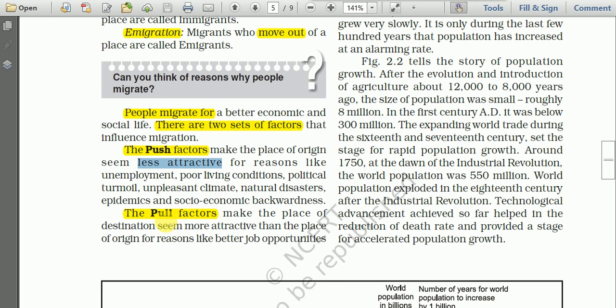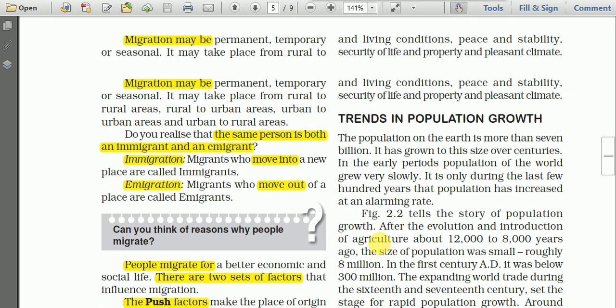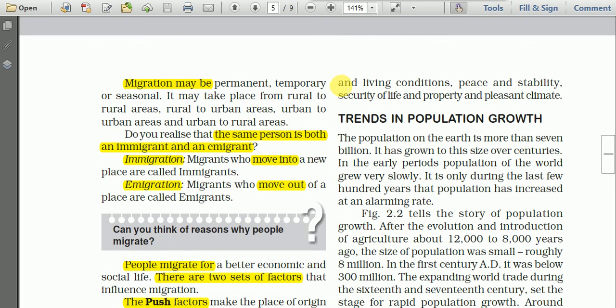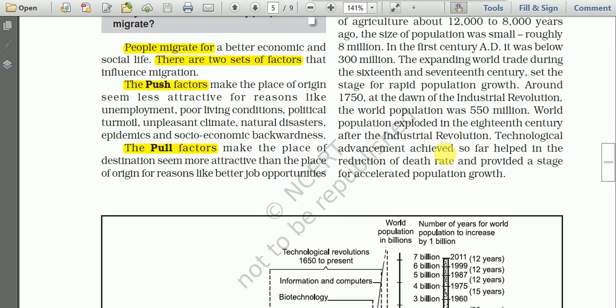And next we have pull factors. Pull factors make the place of destination more attractive than the place of origin, for reasons like better job opportunities, better living condition, peace and stability, security of life and property, pleasant climate. So these are some of the pull factors, and because of these good factors, people will be pulled towards that particular region.